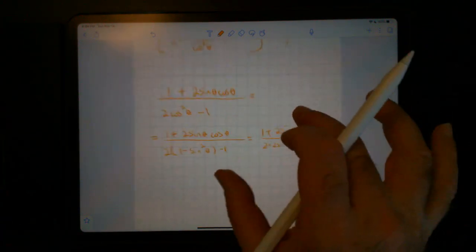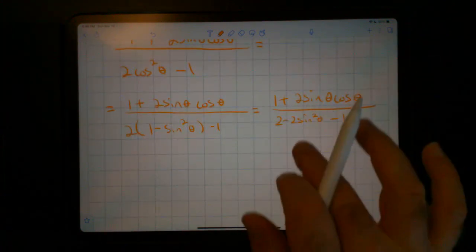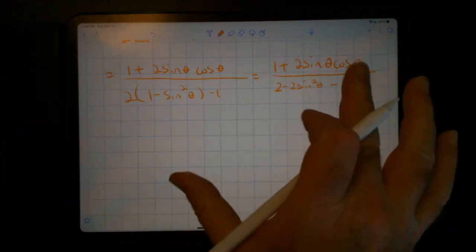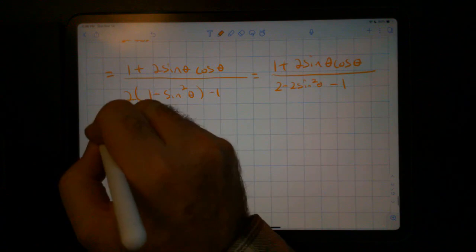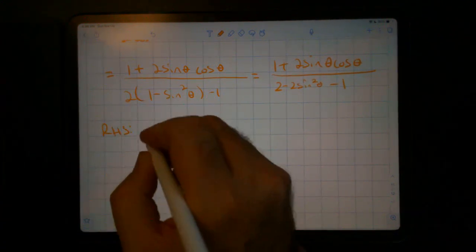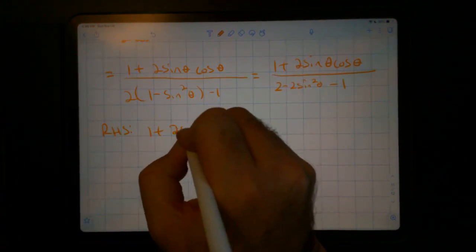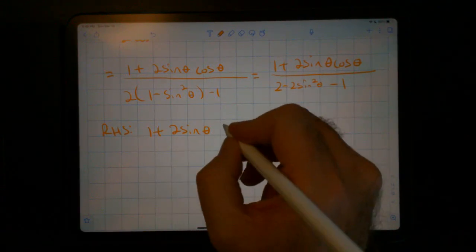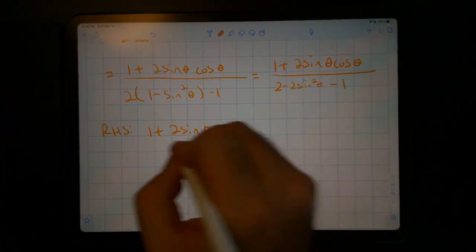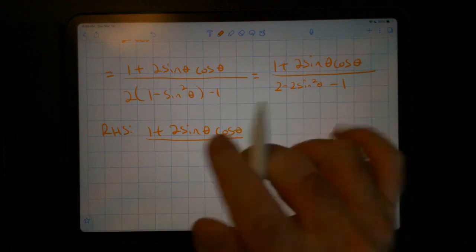I'm not seeing where the right-hand side is going, so let's play with the left-hand side. Let's clean this up a little bit here. This is our right-hand side. Two minus one is one.